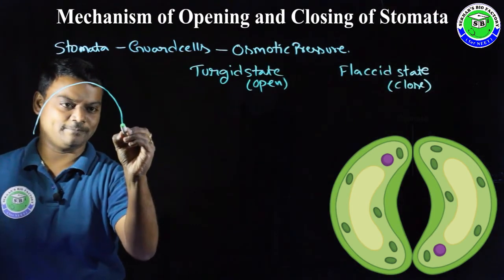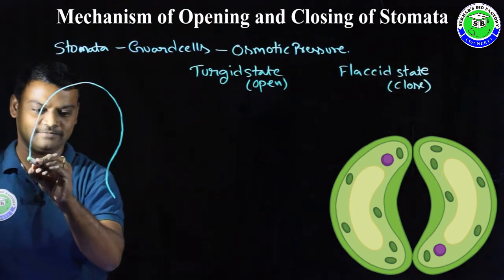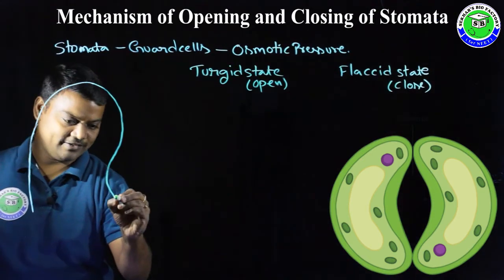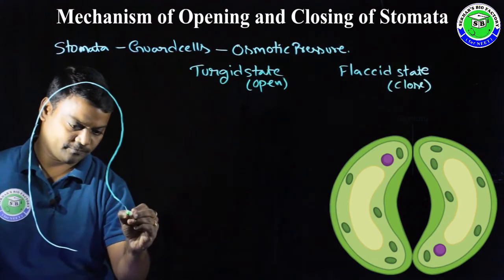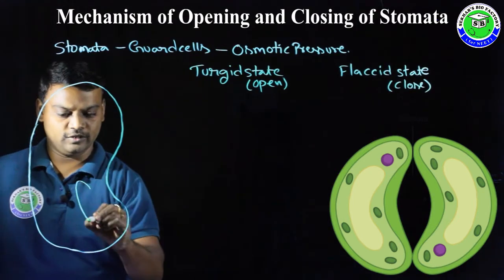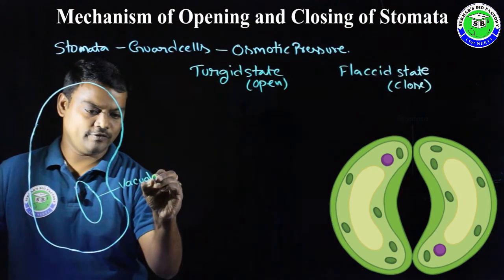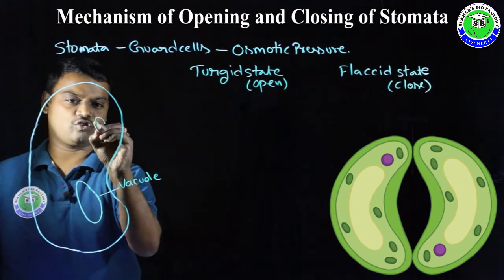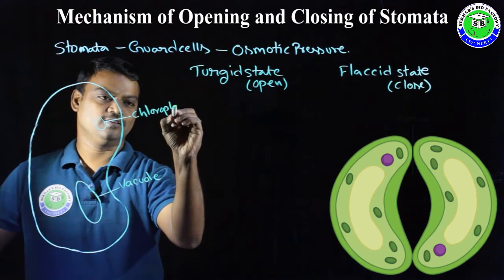When you observe the structure of the guard cell, it is surrounded by a cell wall and plasma membrane. Inside, the guard cell consists of a large vacuole, along with chloroplasts.